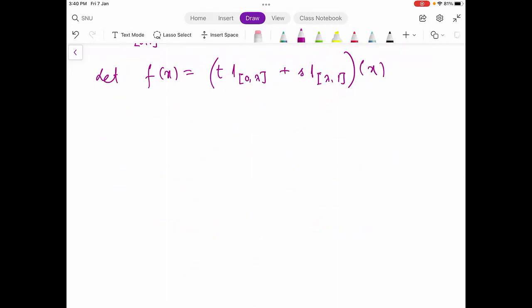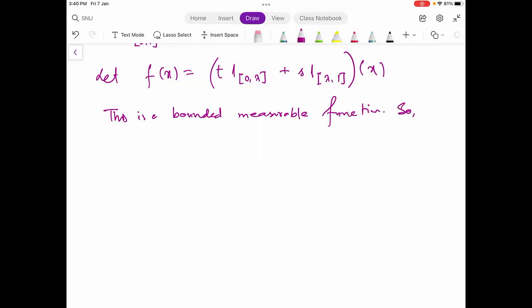I mean, indicator functions never go above 1, and you have multiplied by t and s, so it will at most go up to t or s, whichever is higher. And t and s are fixed numbers. So this is a bounded measurable function.